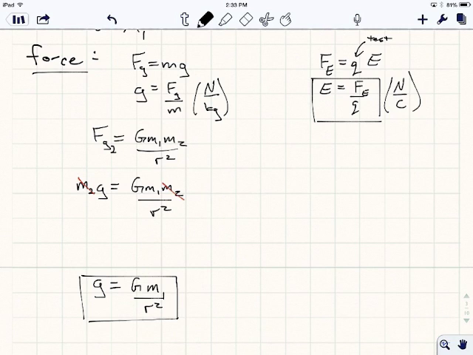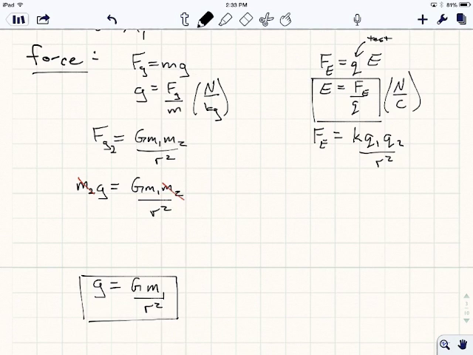Now I'm going to do something very similar for the electrostatic field. We know that the electrostatic force is calculated by the electrostatic constant K times Q1 times Q2 over r squared.